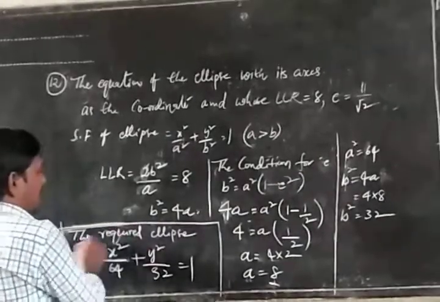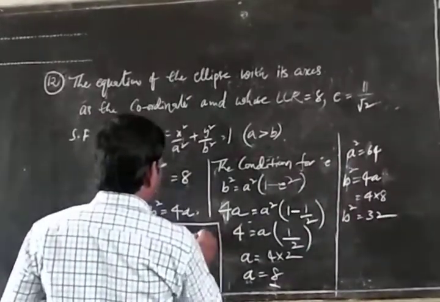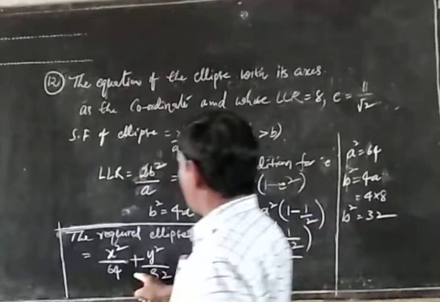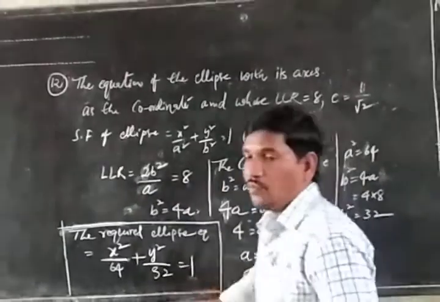This is the required ellipse equation: x square by 64 plus y square by 32 equal to 1.